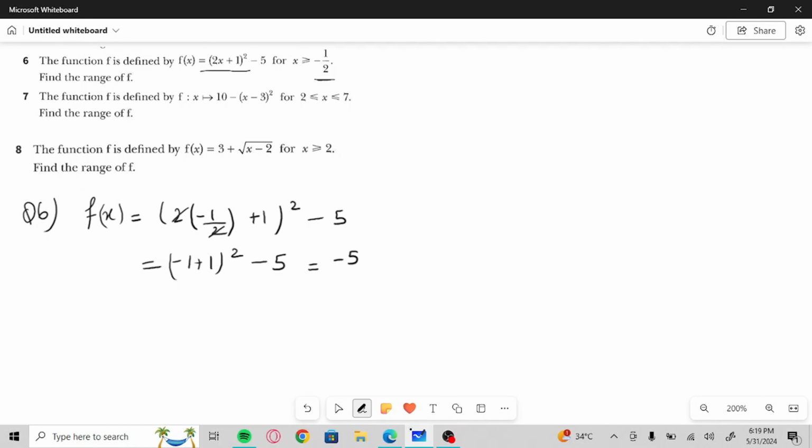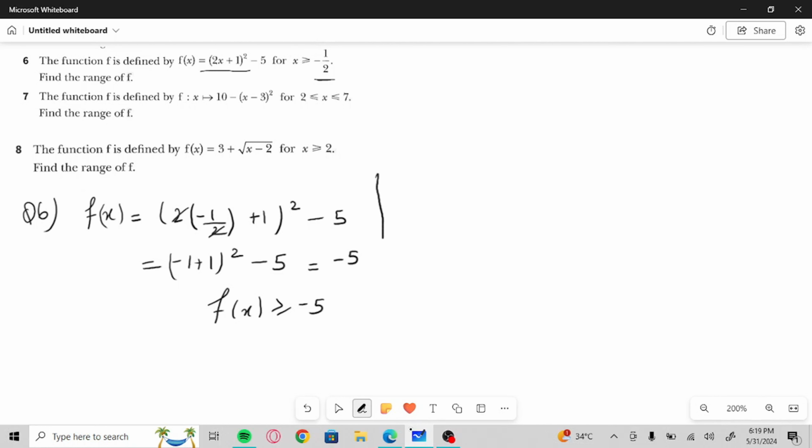So we are going to say the range of f is f(x) greater than or equal to negative 5. So that's the answer.